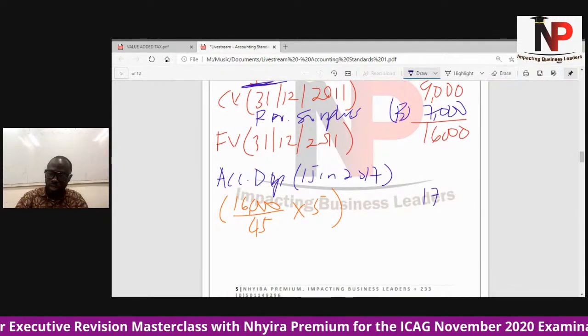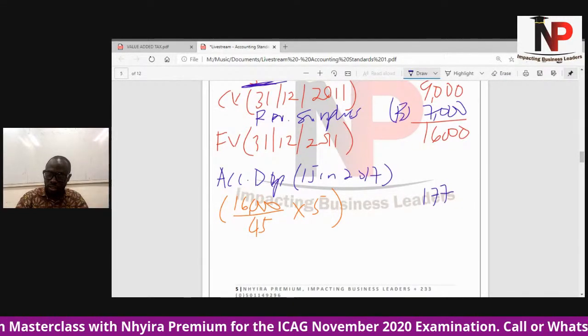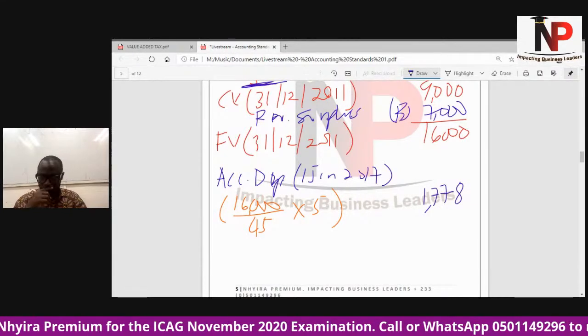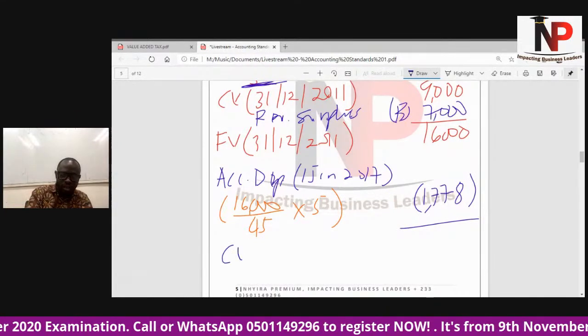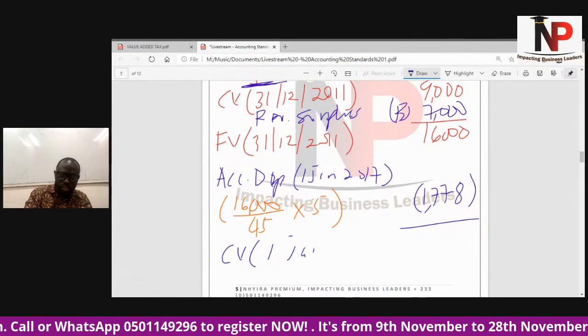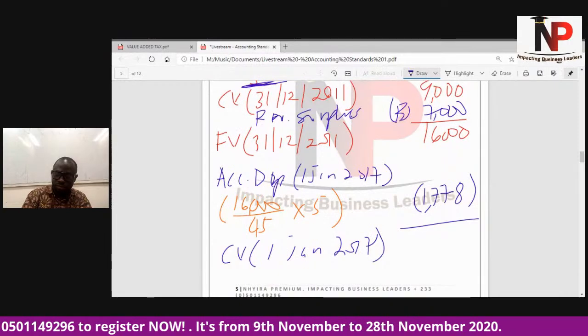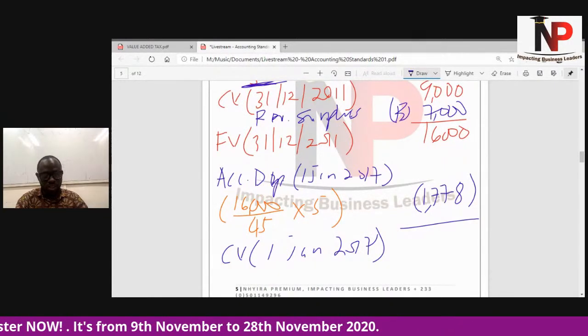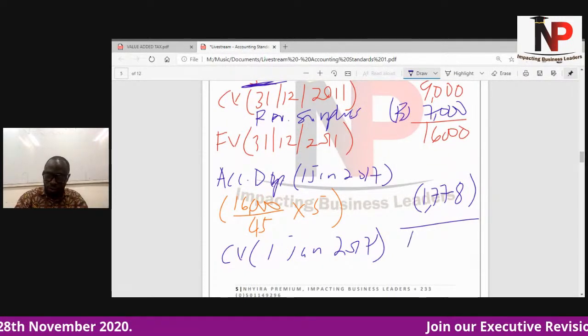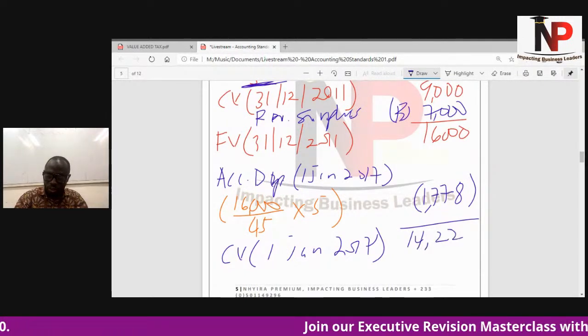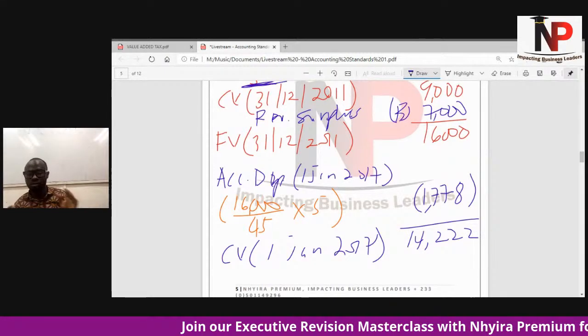So approximately 1,778. That will be taken out so that we get a carrying value as at 1st January 2017. So 16,000 minus 1,778 will be 14,222.